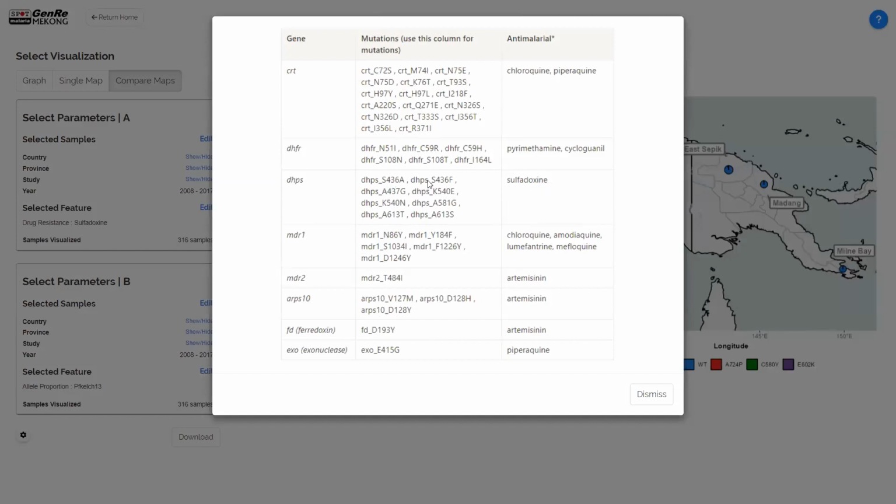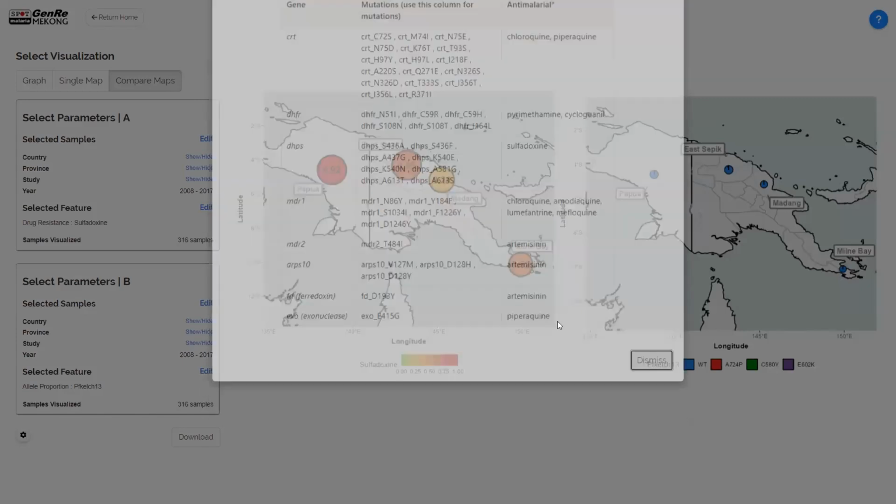So there's quite a few mutations related to sulfadoxine resistance, but for the intents and purposes of this demonstration, I will choose DHPS K540E.